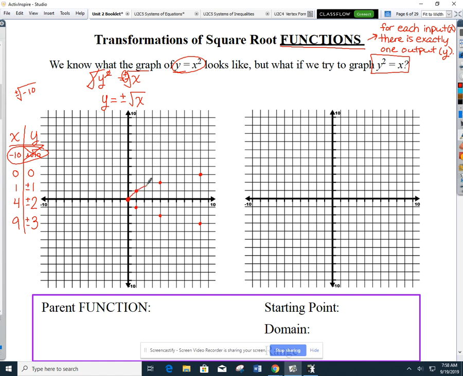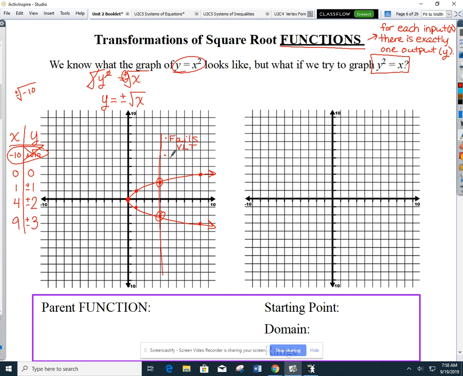If we connect those points, it's basically a sideways parabola, which is not a function. It doesn't pass the vertical line test. If I draw a vertical line, it passes through 2 points and it fails the vertical line test.